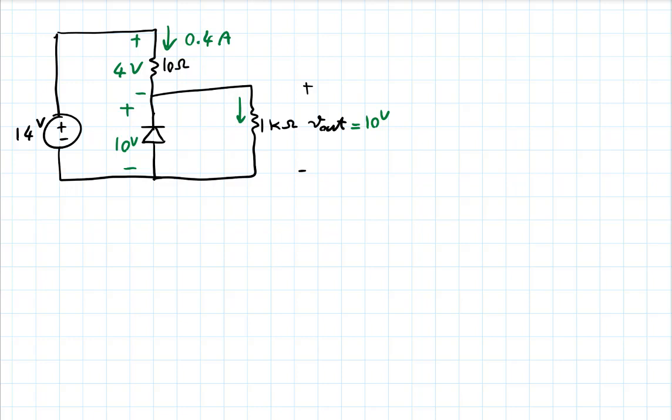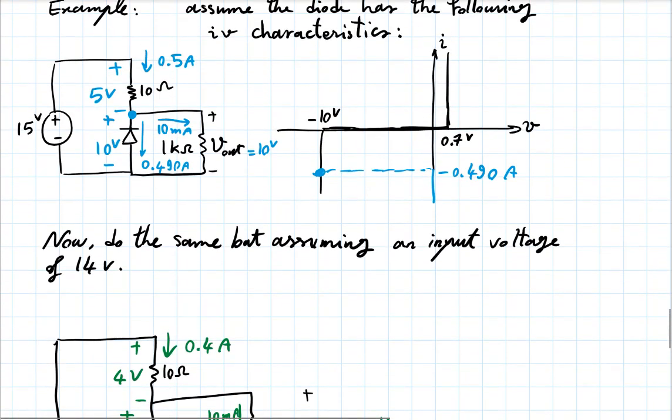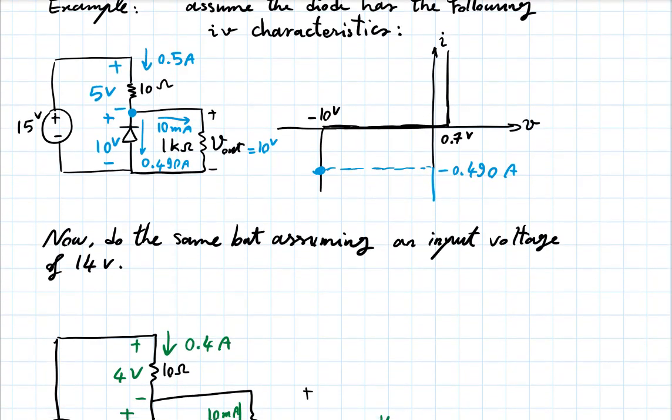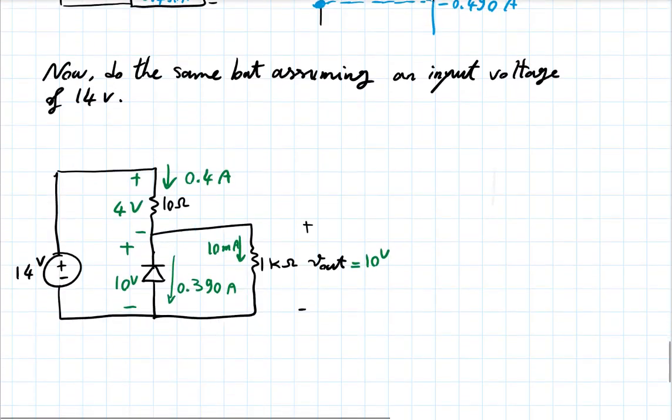What is this current? I have 10 volts over 1 kilo ohm. That's still 10 milliamps like before. What is this current? Are things consistent? Is the diode happy? Yeah, it's here. It's at a different current, minus 0.39 amps, but it has the same voltage of 10 volts.